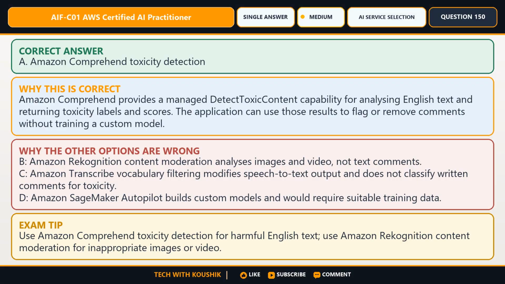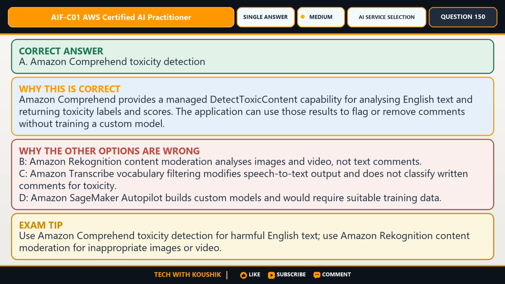Amazon Comprehend Toxicity Detection. This option satisfies the complete requirement because Amazon Comprehend provides a managed toxic content detection capability for analyzing English text and returning toxicity labels and scores. The application can use those results to flag or remove comments without training a custom model. Check why each remaining option is not the best fit.